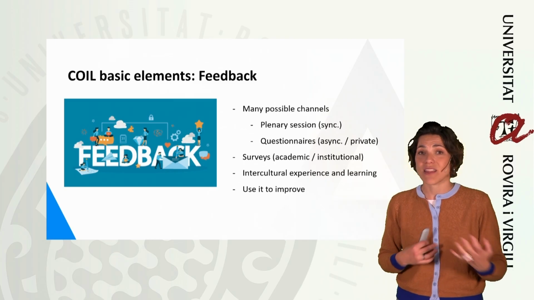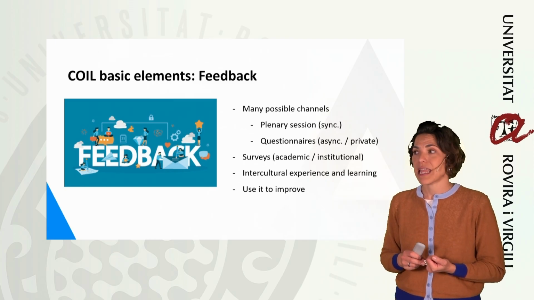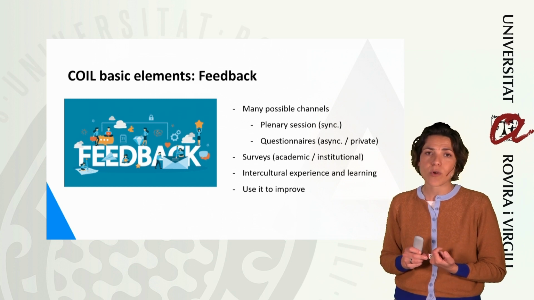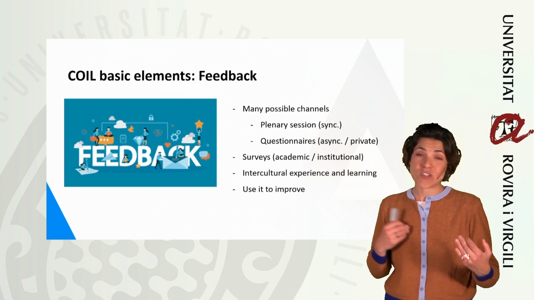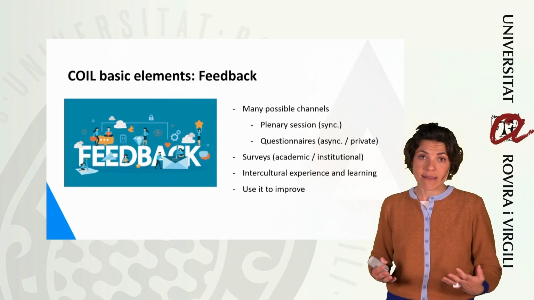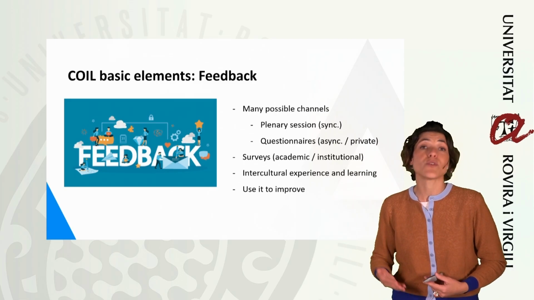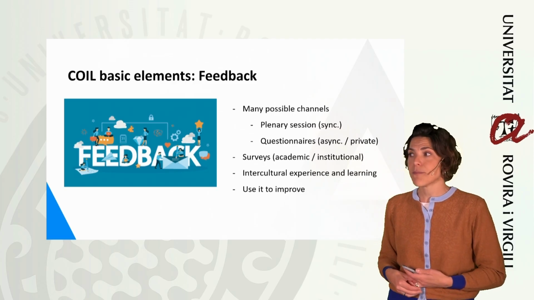It is interesting that you also have surveys for the academics, and you might want to ask for institutional support for that, or maybe just check with your peer how it went, have this session to wrap up and see how could you improve for the next time.